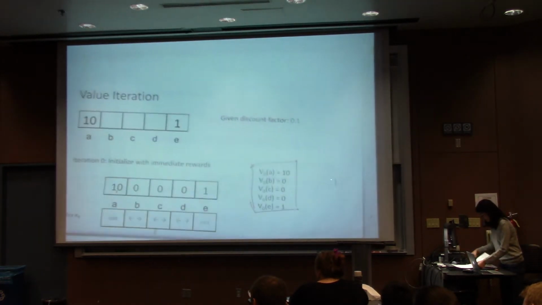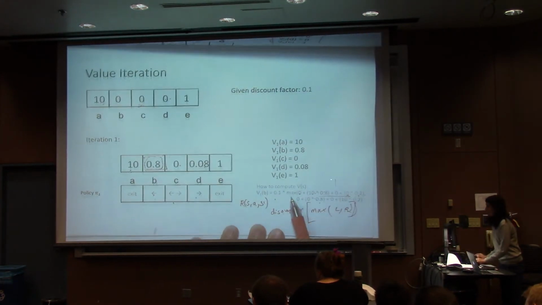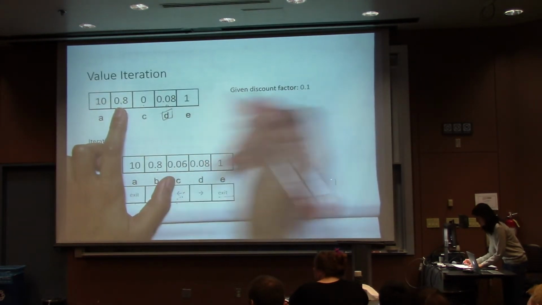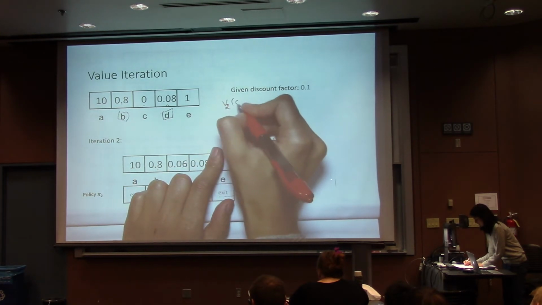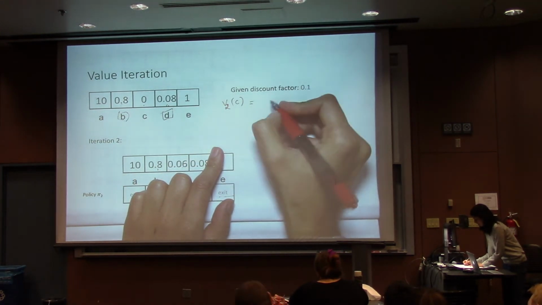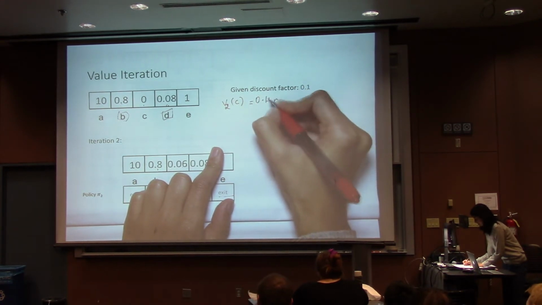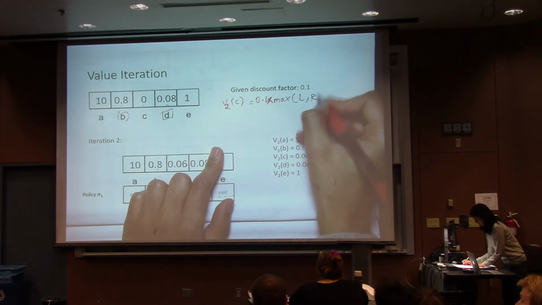The value for C was gotten using the same formula. I can compute it here. So you used these two values. Let me just do it. V2 of C is basically the discount factor 0.1 into the max of left or right.